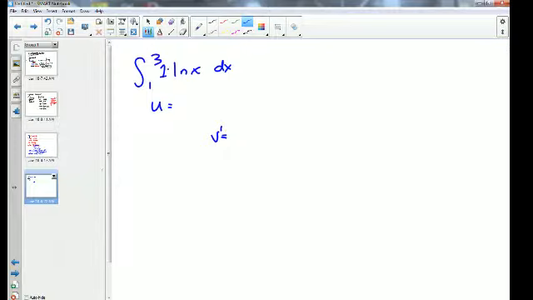Okay, it'd be u because it's the logarithm, natural log. It has to be, because we don't know the antiderivative of natural log x. So u prime is 1 over x, and v is x, right?